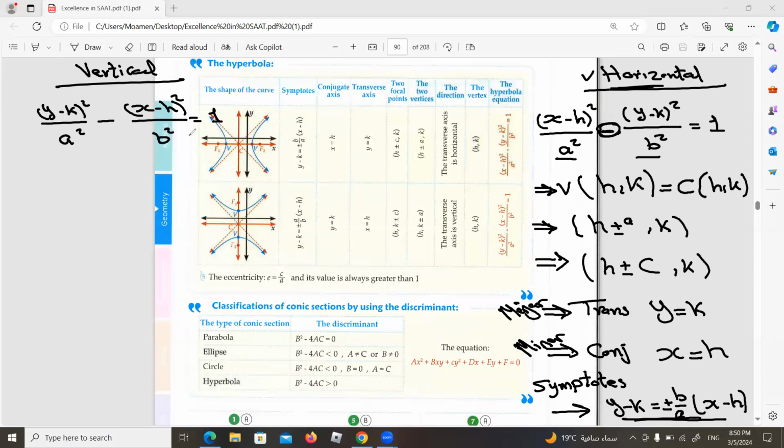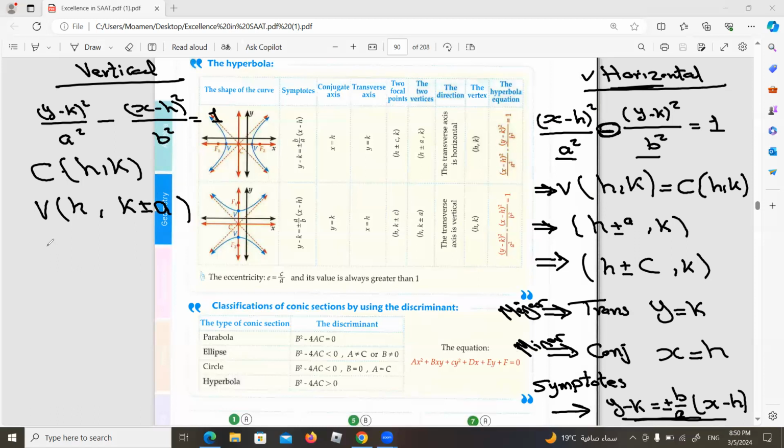As we said, 1 is constant even in ellipse or in hyperbola. The center is h and k. What about the two foci? The two foci are 2 points, and in the vertical shape, we make h constant and go to k and add or subtract a.